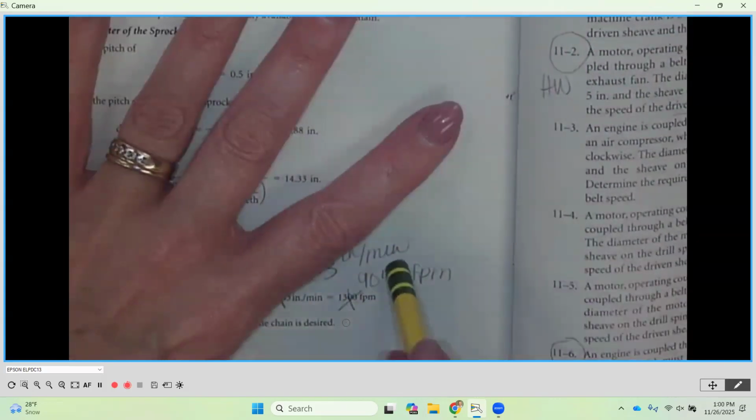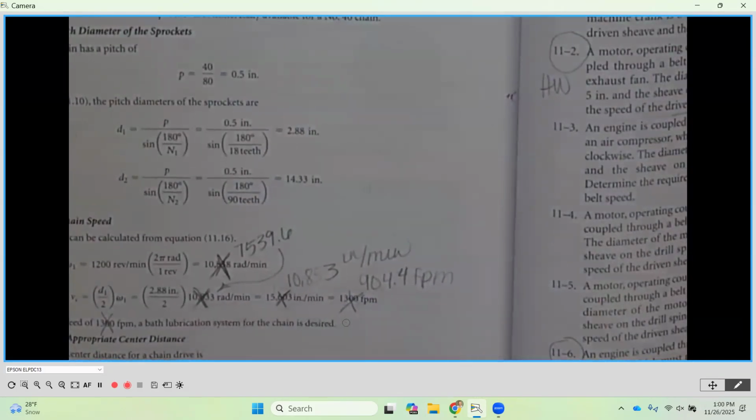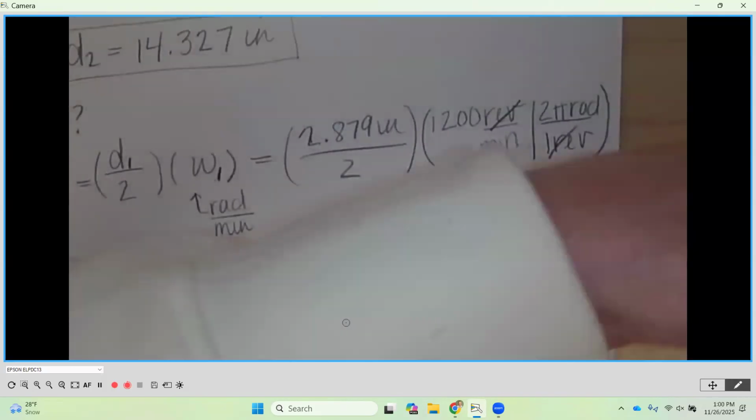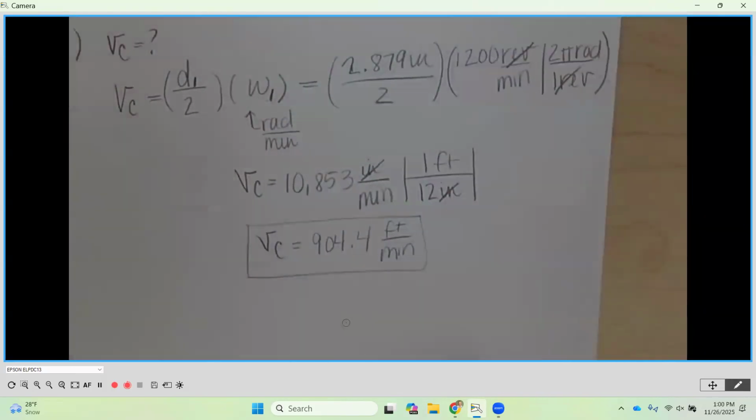Sorry, I put a 7 instead of a 3. And 904.4 feet per minute is the final answer. So just make sure you update if you're comparing back to what the book had. It's a typo. The numbers that they have for their variables are okay. It's just that the final answers aren't.